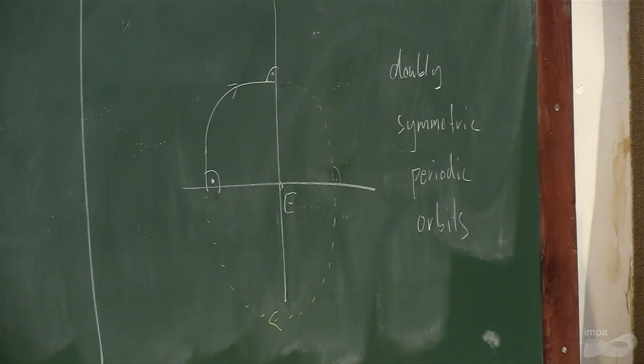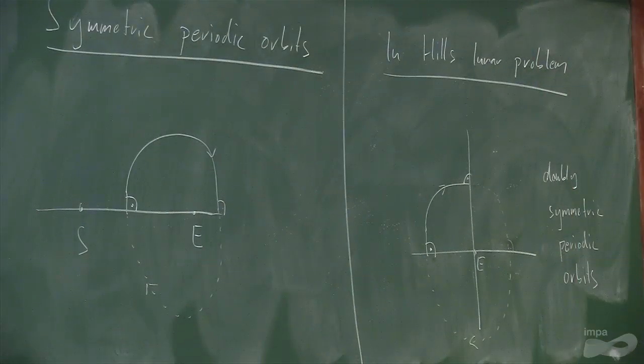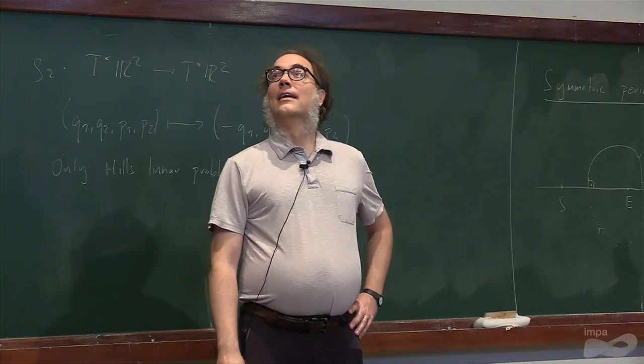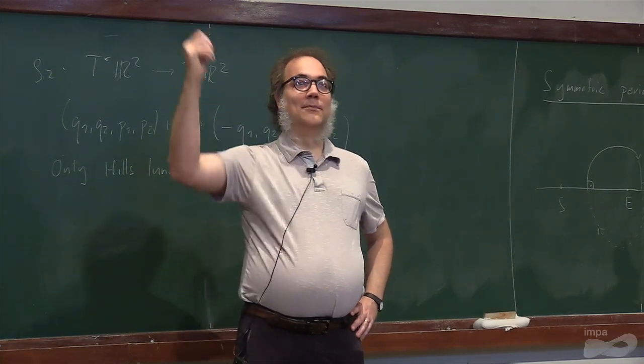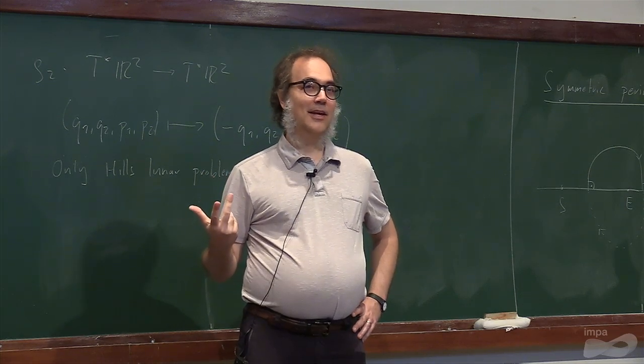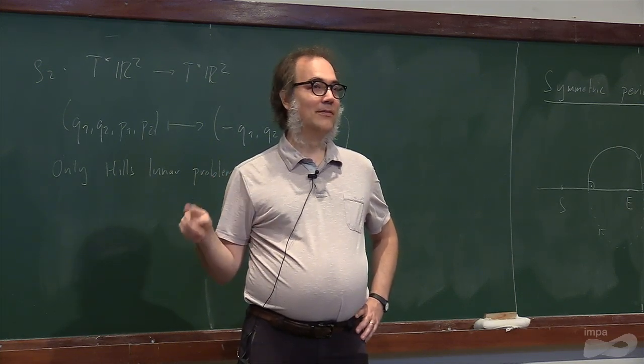So now, of course, we would like to know what are there periodic orbits in Hill's lunar problem. And so what can we do? What do you think? Are there periodic orbits or not? Yeah, let's look at the sky. And what do we see on the sky? We see the moon. And the moon comes every month.